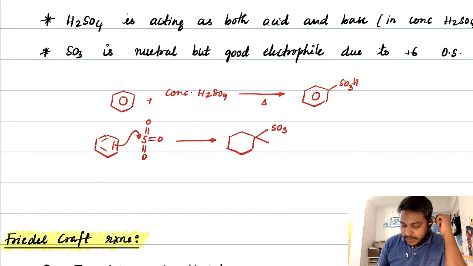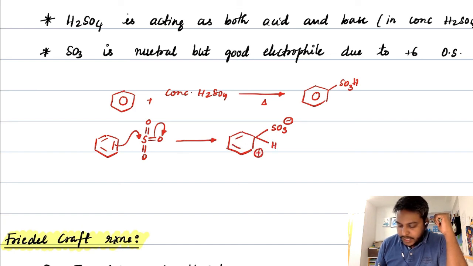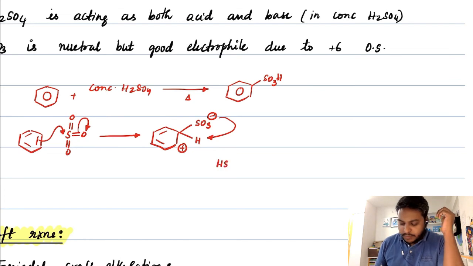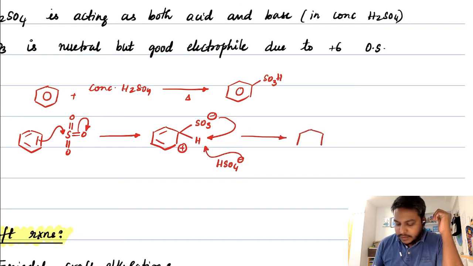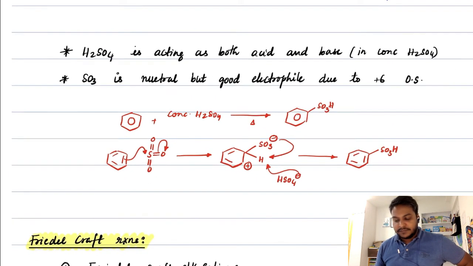We will get SO3 minus, because as soon as this attacks, the oxygen will take away electrons. So we would have a positive charge here, and H here. Within the molecule, you can see SO3 here, H plus can be taken out, or we can think of a base like HSO4 minus facilitating the removal of this H plus. In either way, this is a slow process, and slowly it will start retaining the aromaticity, and that H will appear on SO3 minus. That's how the sulfonation will take place, students.